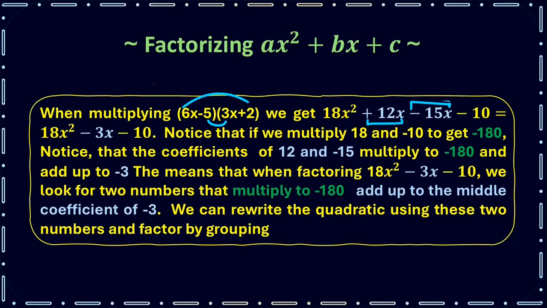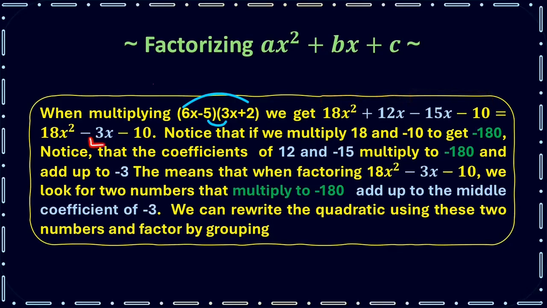So assume that we are given this quadratic and we have no information on the original factorization. While the question is to factorize the quadratic, we want to know what exactly to do. If we can rewrite the middle term of negative 3x as 12x minus 15x, then we can do a 2 by 2 grouping of the polynomial and factor by grouping.